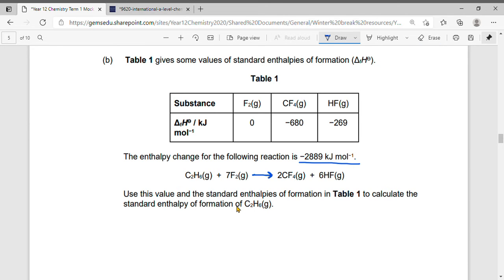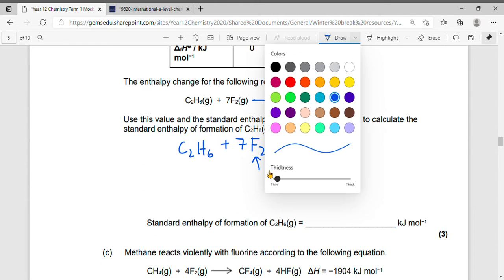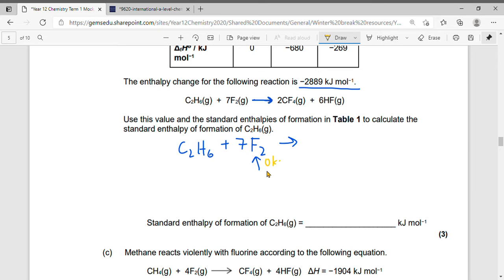So what we have here, F2, to form this, it's 0 kilojoules. And let's carry on.